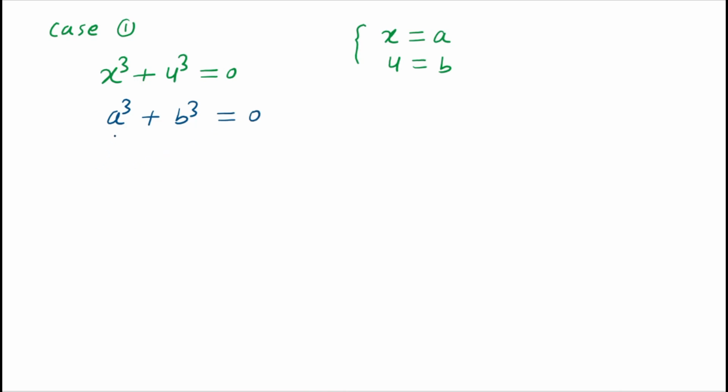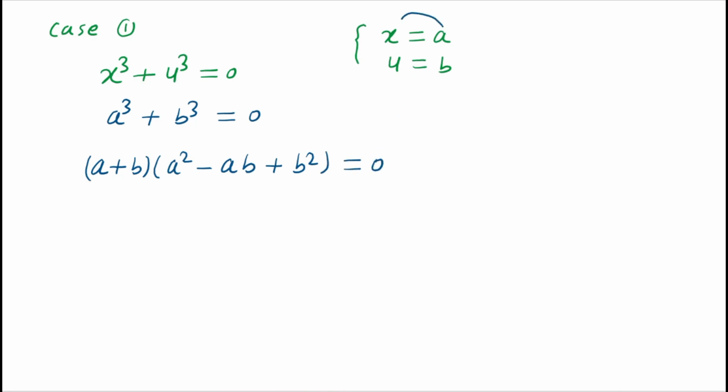We have the sum of two cubes, and this is the same as a plus b times a square minus ab plus b square, equal to 0.